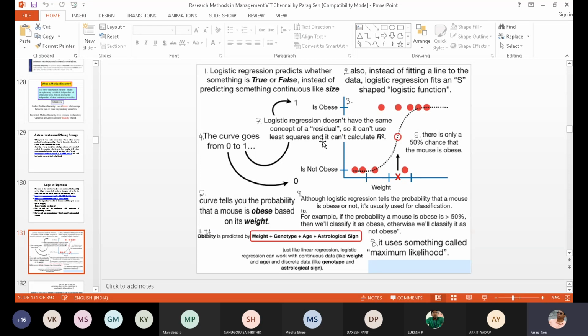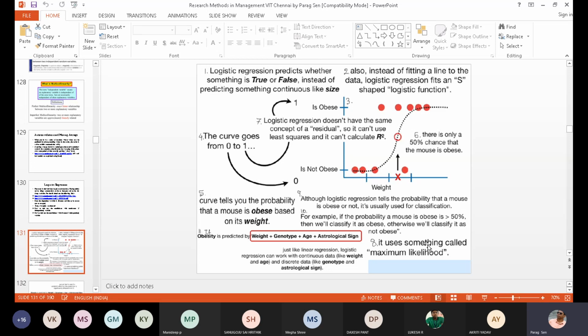Okay, so it actually uses something called maximum likelihood. I gave you the concept of maximum likelihood earlier, when I discussed distributions, for example an exponential distribution.